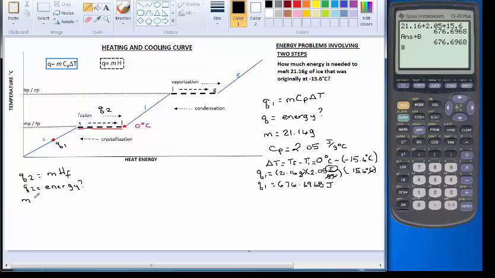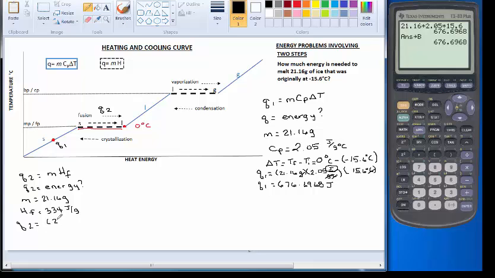Our mass in this problem is going to again be 21.16 grams, and our heat of fusion, according to our reference table, is going to be 334 joules per gram.